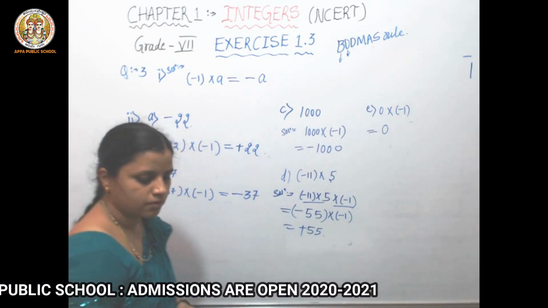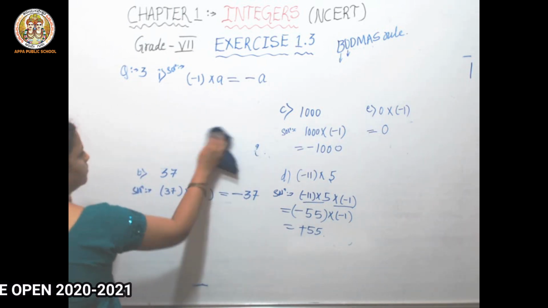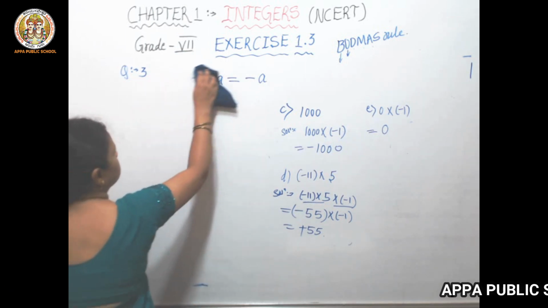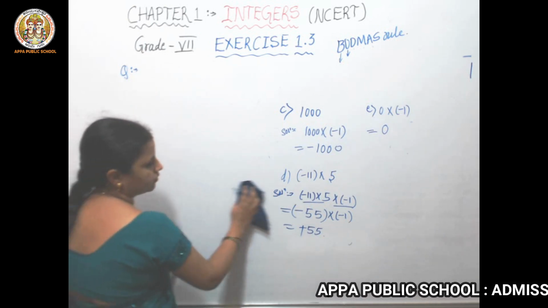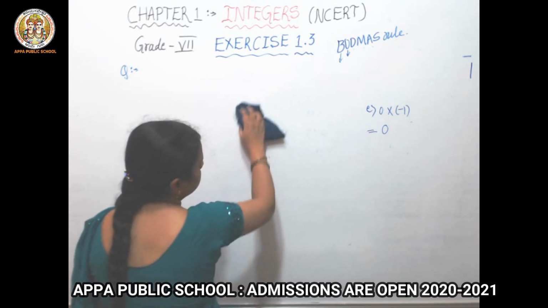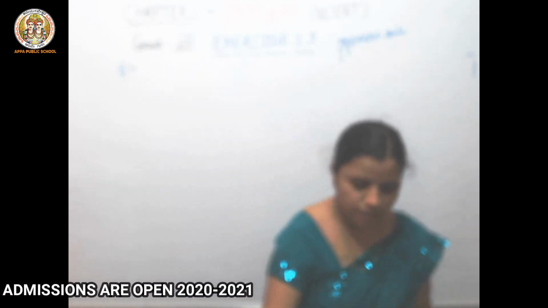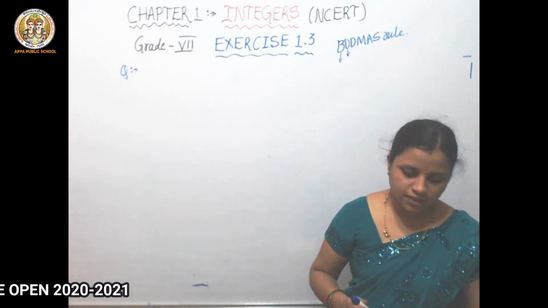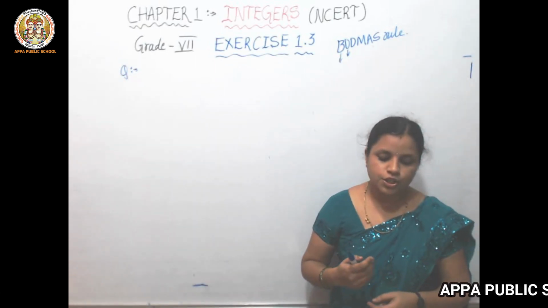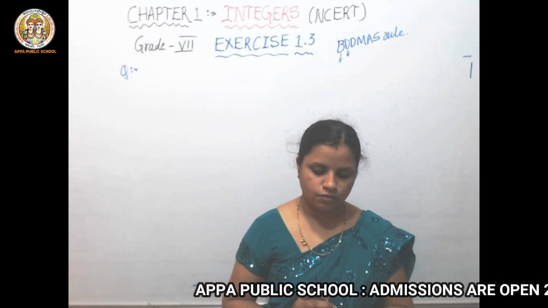And the next as fourth bit. Fourth bit, the question asks, starting from minus 1 into 5 with various products, showing some pattern to show minus into minus 1 is equal to 5.